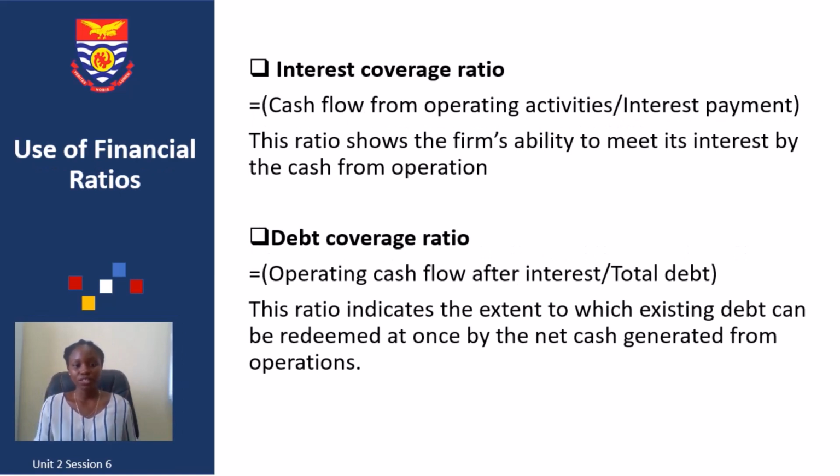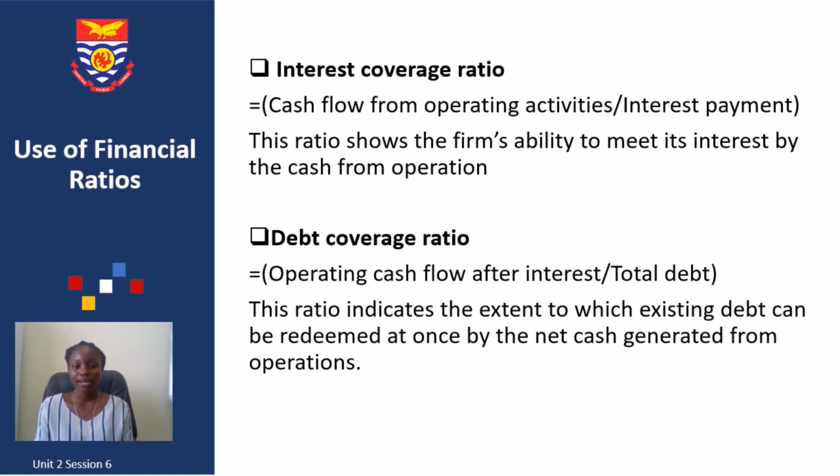The first financial ratio is the interest coverage ratio, and that is the ratio of cash flow from operating activities to interest payments. In other words, it's cash flow from operating activities divided by interest payments, and this ratio shows the firm's ability to meet its interest payments using the cash it generates from its primary activities.